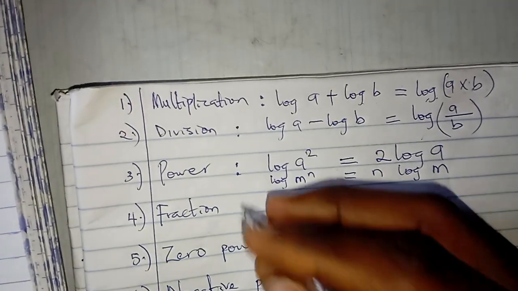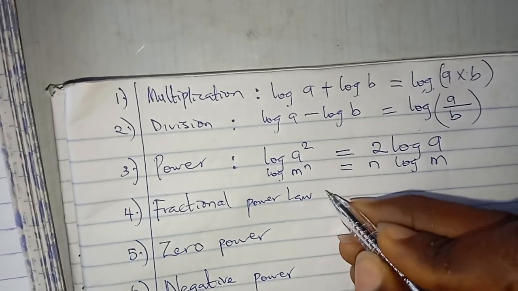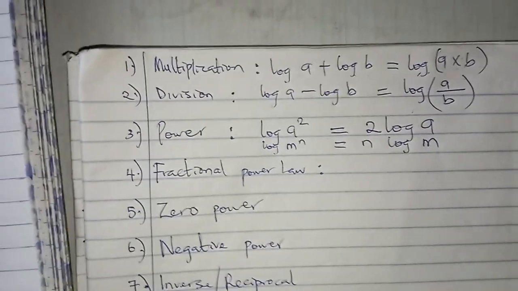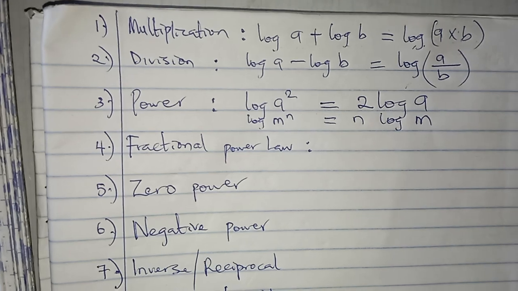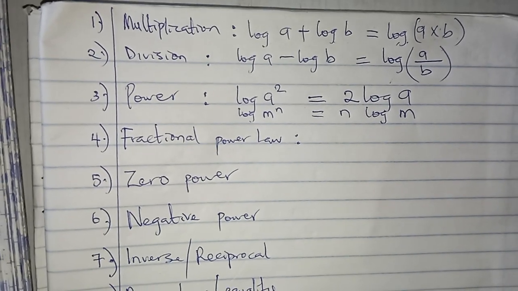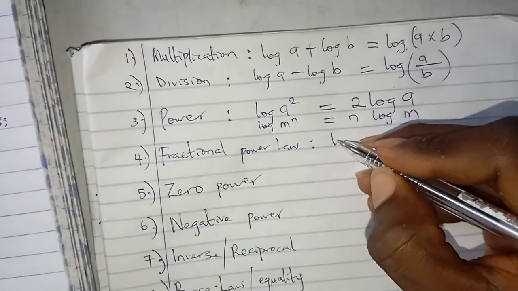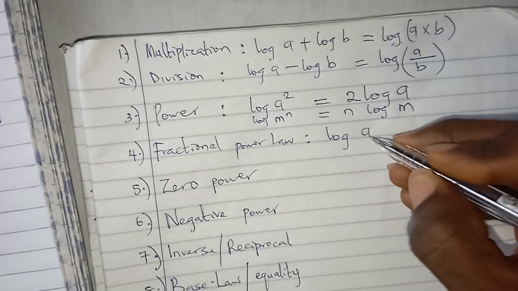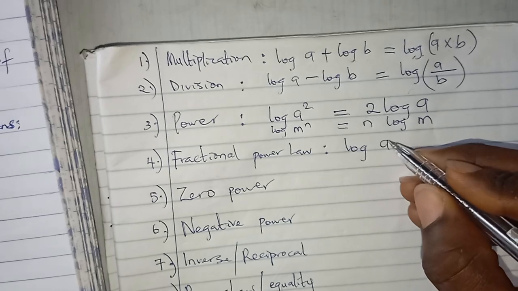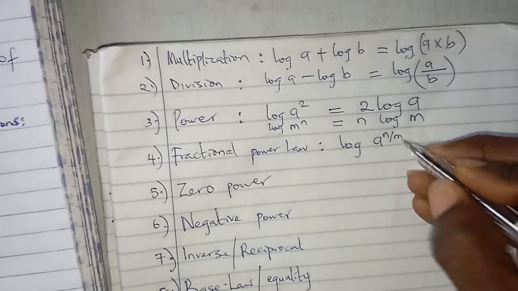All right, now let's say I have fractional. This one is talking about the fractional power law. Let me find the perfect example for this. Let's say I have, for example, log a raised to power n over m.